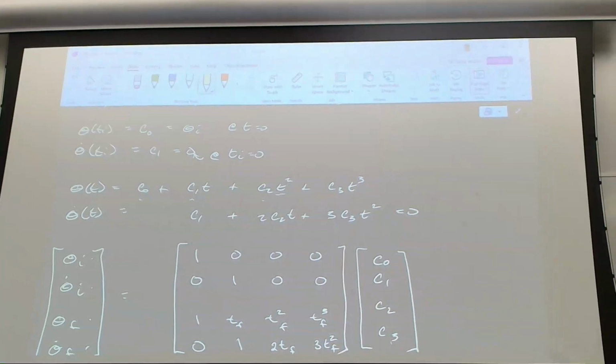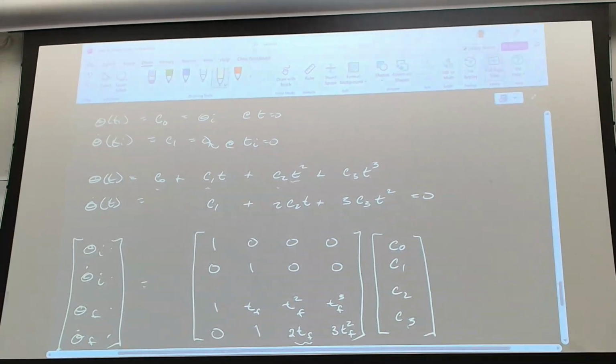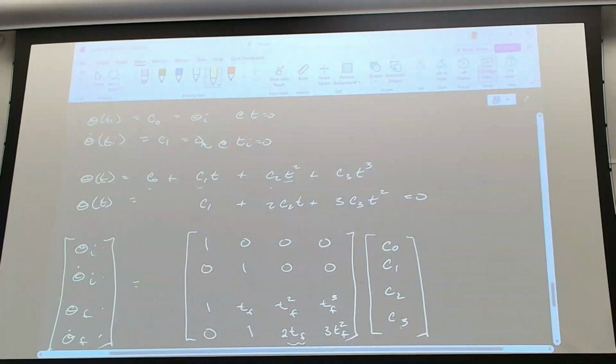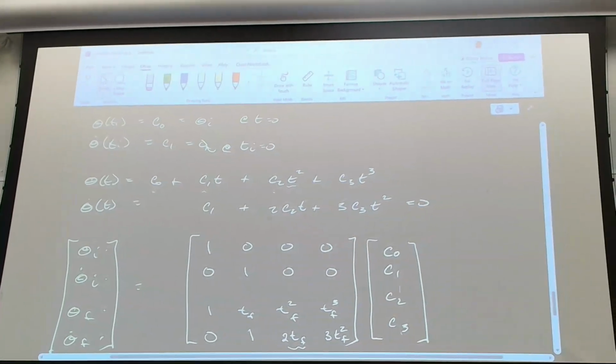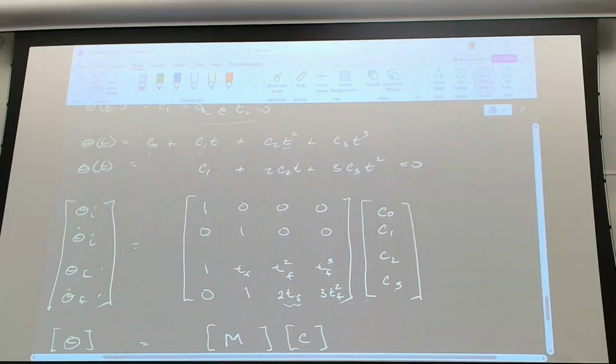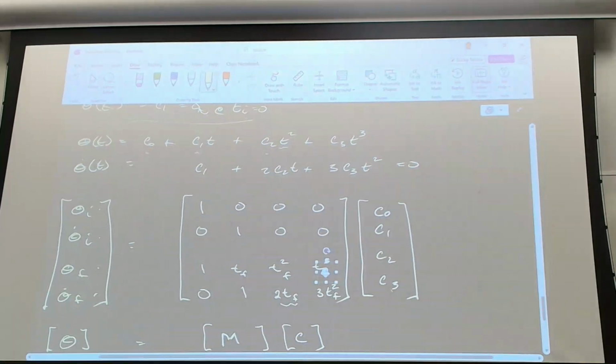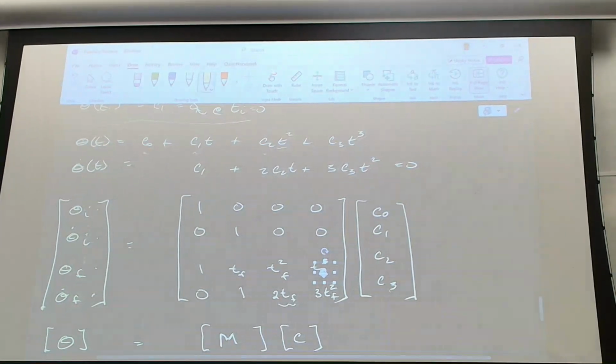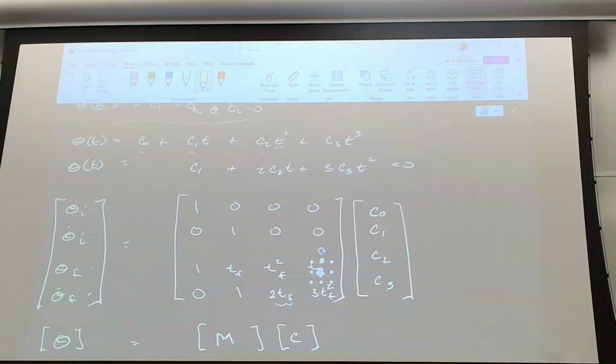And so this would be a third order polynomial, but we have to figure out what these c's are. And to figure out what those c's are, we need to know some initial conditions. We can define these initial conditions through this vector right here: our initial position, our initial velocity, our final position, and our final velocity.